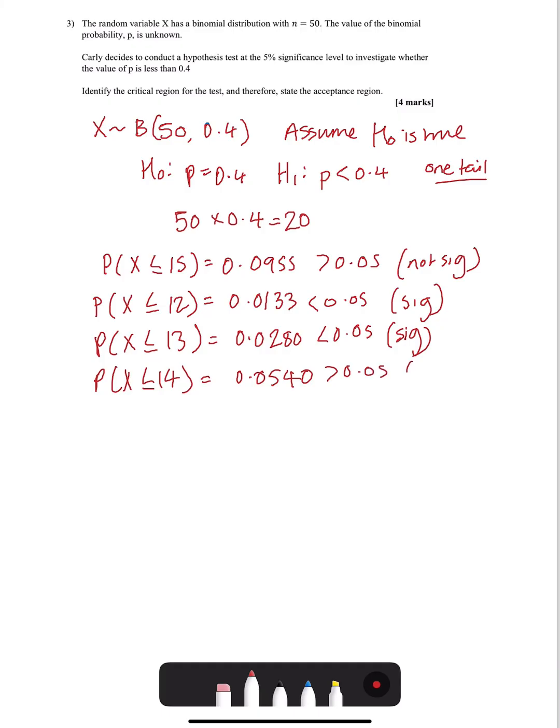Okay, so that is not significant. So my biggest value that is significant is 13. So that means that my critical region is going to be for X is less than or equal to 13, which means the acceptance region is going to be when X is greater than or equal to 14.